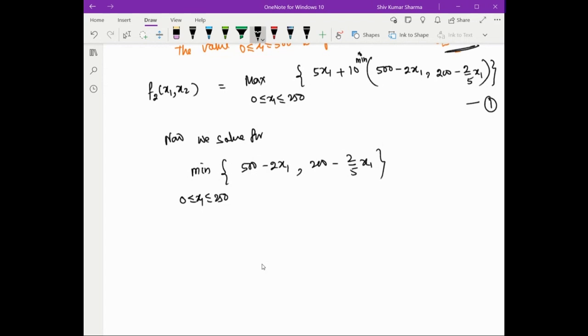We try to put other values as well, for example x1 equal to 10.